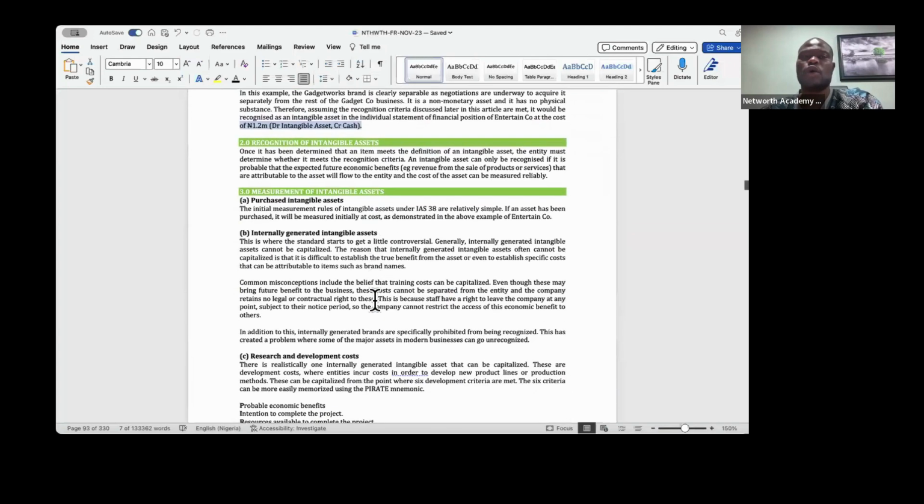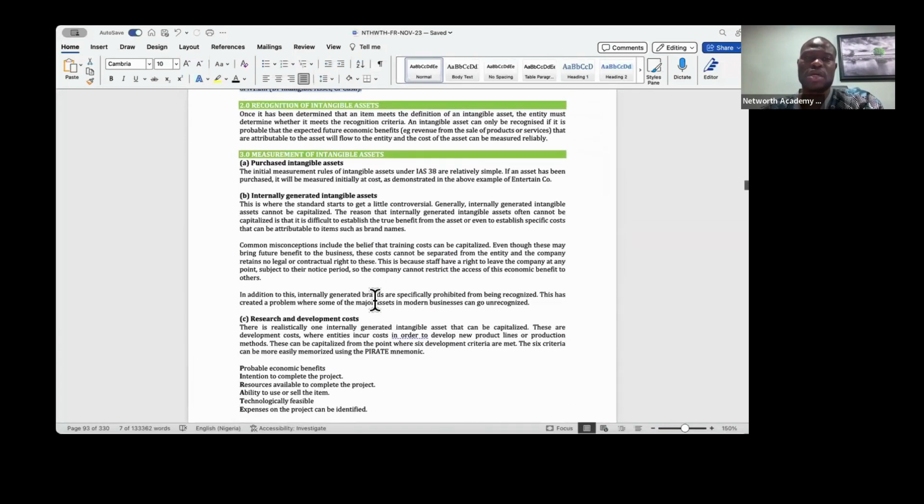Now, we have looked at the definition. Now, let's look at how you recognize an intangible asset in your books. If you remember, the way we recognize PPE is that it must be probable that future economic benefits associated with the asset will flow to the entity, and two, it must have a cost that can be measured reliably.